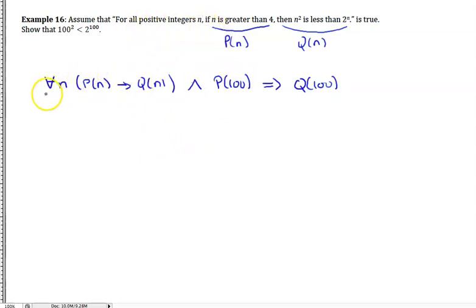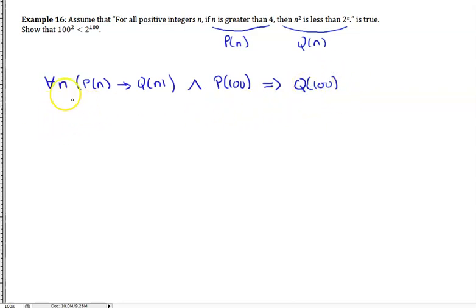The premises say that for all positive integers, if n is greater than 4, then n squared is going to be less than 2 to the n. Show that 100 squared is less than 2 to the 100. If P at 100, then Q at 100 is going to be true.